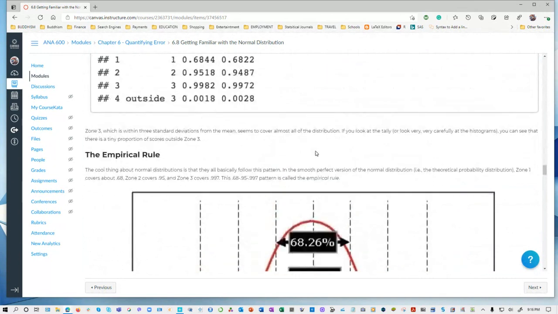If we talk about the empirical rule, this is very interesting, so I'll go straight to the empirical rule.